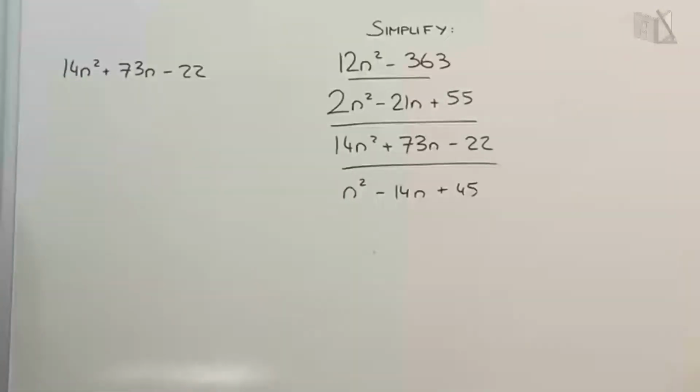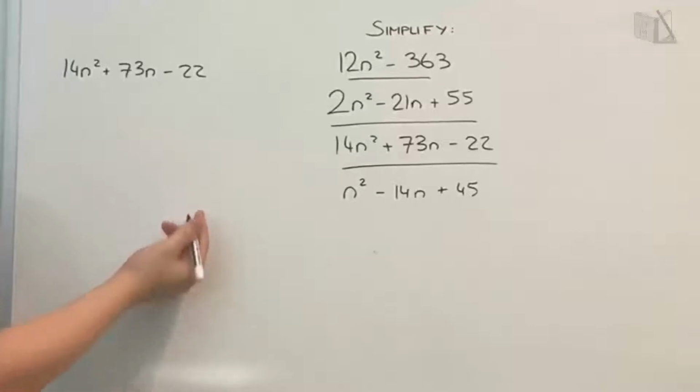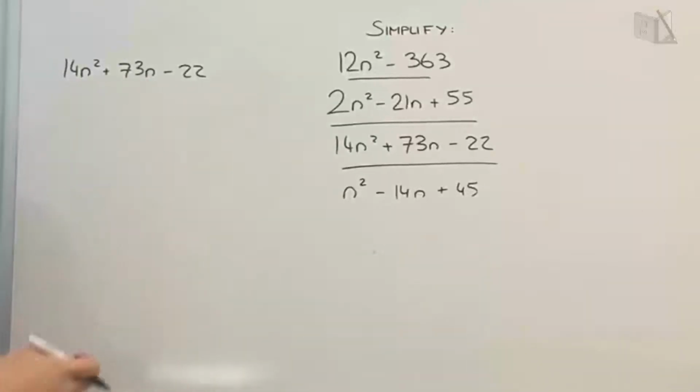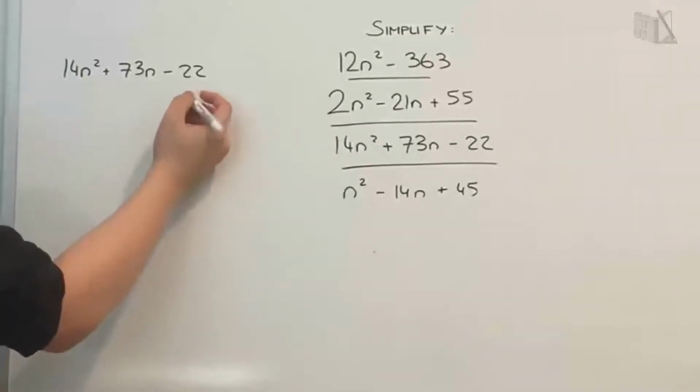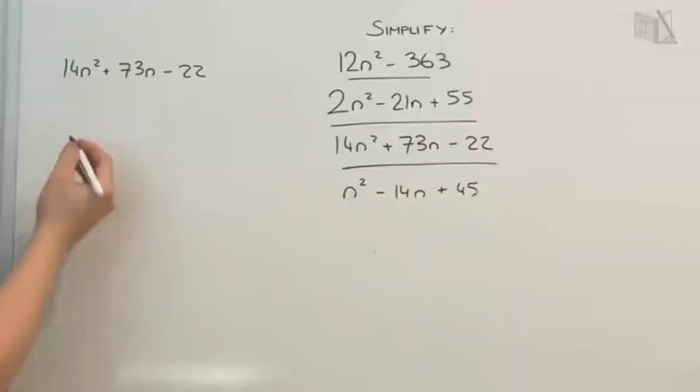We're looking to factorize 14n squared plus 73n minus 22. You can factorize this the same way we did the last quadratic. However, multiplying these two numbers together and then finding two factors in your head is not the most time-efficient manner, so for this one we're going to use trial and error instead.